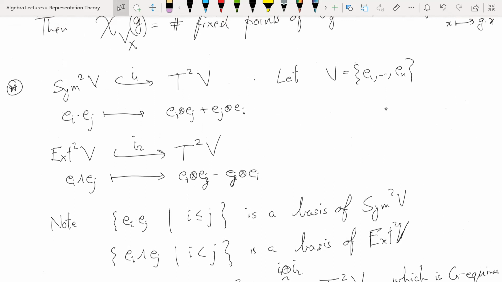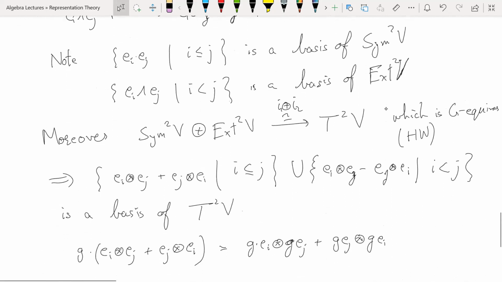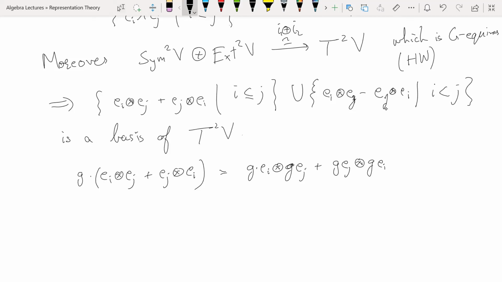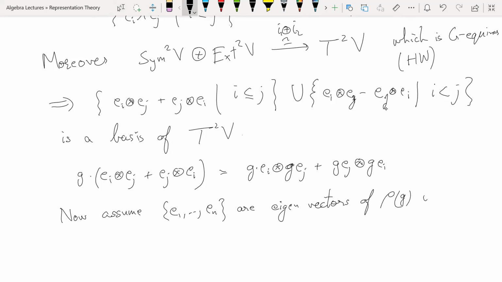I want to take a basis which forms eigenvectors of G. So now assume E1 to En are eigenvectors of rho G with eigenvalues lambda 1 to lambda n. They are going to be some numbers, so that is easier to figure out in this computation.